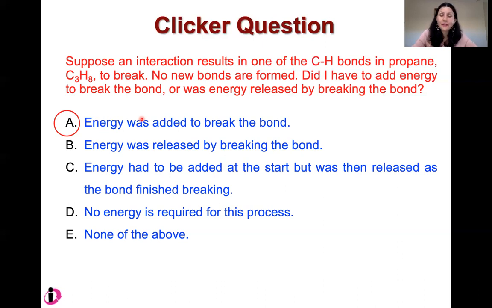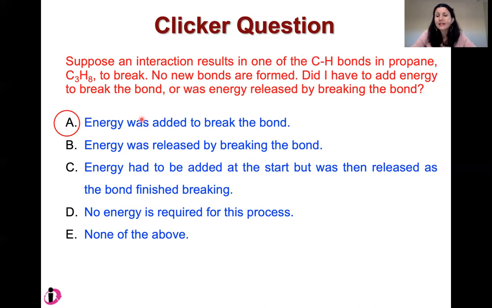So the way you're going to think about the whole chemical reaction, whether it required energy being added or removed, is: how much energy did I need to add to break all these bonds, and how much energy was released when the new bonds were formed?